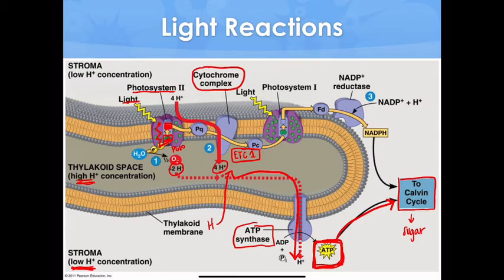So cellular respiration overall is an exergonic process. We've taken glucose and broken it down into something, and it's released energy. But photosynthesis is not that way. Photosynthesis is an endergonic process.